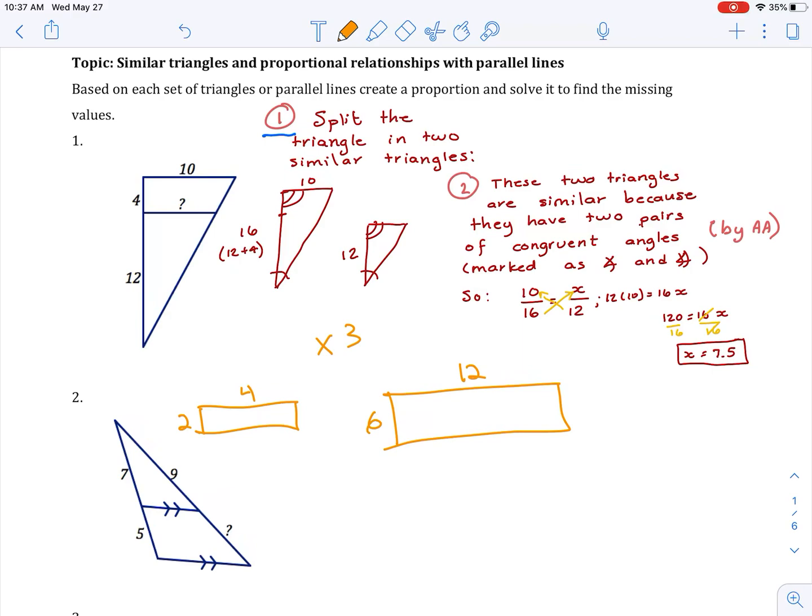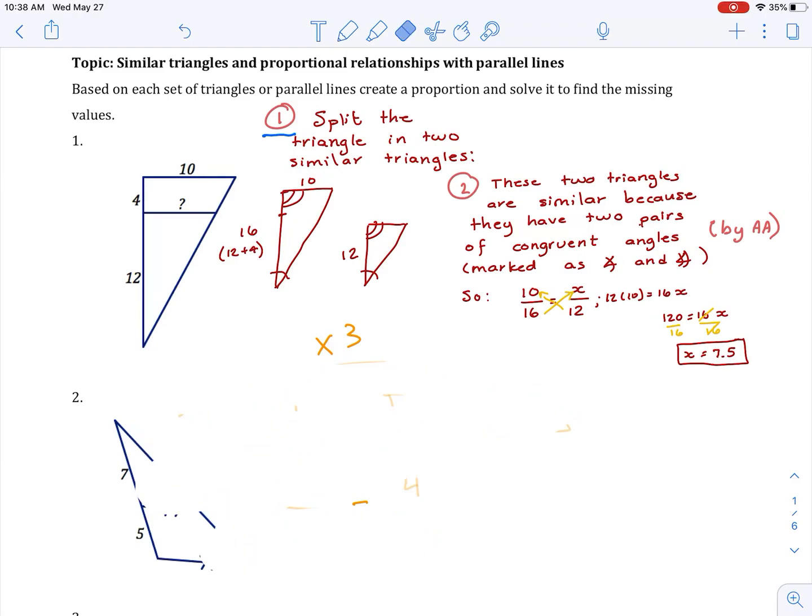The bigger one is 3 times as big. And the proportion that we would write would be 2 over 6, because 2 lines up with 6, and that would be equal to 4 over 12, because 4 lines up with 12. That's all we're doing with these triangles. They're the same shape, therefore they must be proportional.